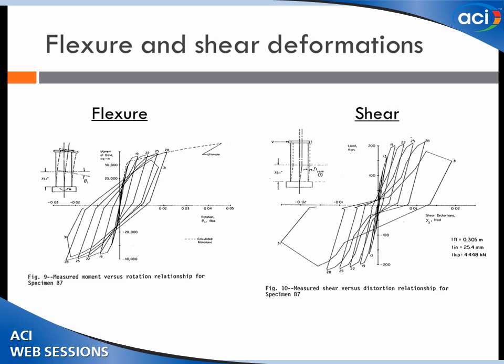If we look at the left-hand side, the instrumentation was set up so that one could separate out what was the flexure, the rotational deformations of flexure. And on the right-hand side, what were the deformations associated with shear?